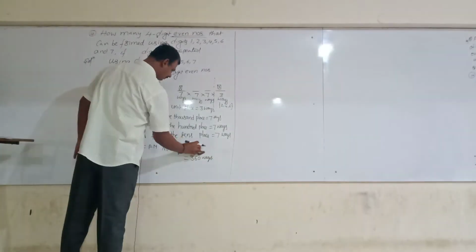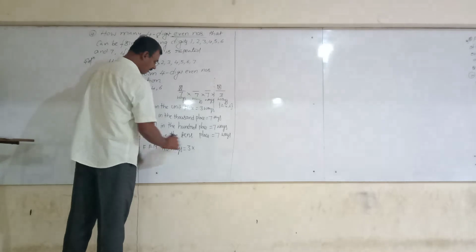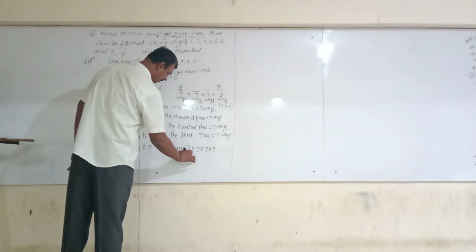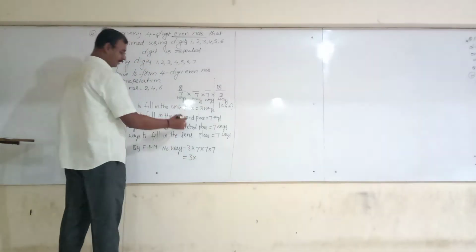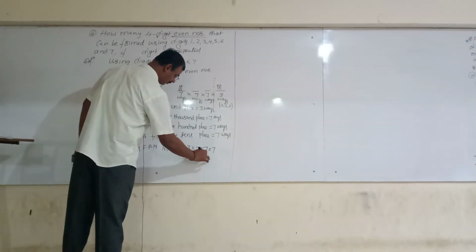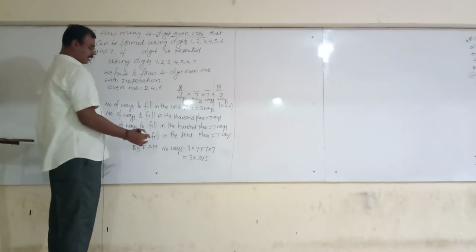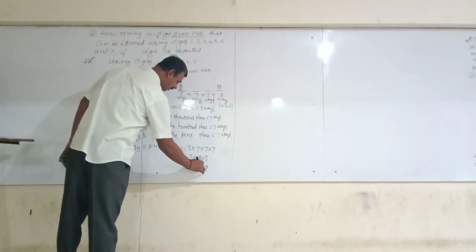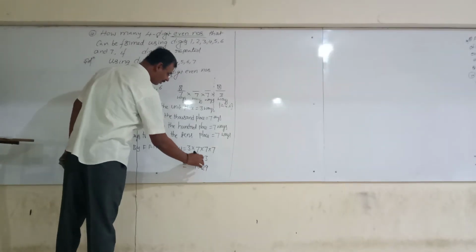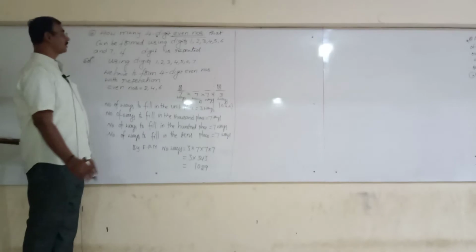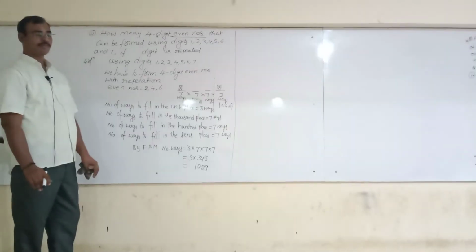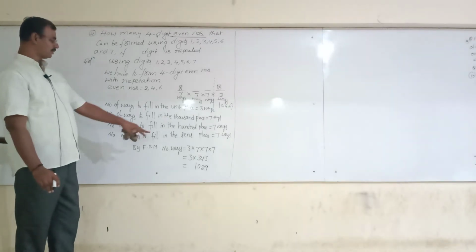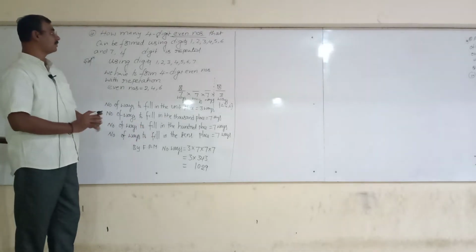So 3 into 7 into 7 into 7, which is 3 into 49, 49 into 7 is 343. Now multiplying, 3 times 343 gives 1029 ways when repetition is allowed. When repetition is not allowed, it is 360 ways only. Total number of possibilities here is 1029.